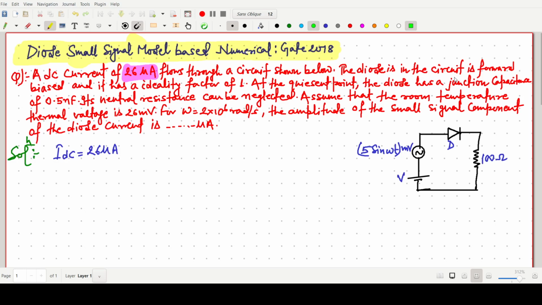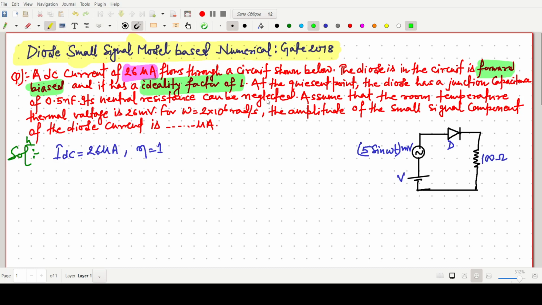After that, the diode is operating in the forward bias region, clear. And the ideality factor, that is our eta value, is given as 1.